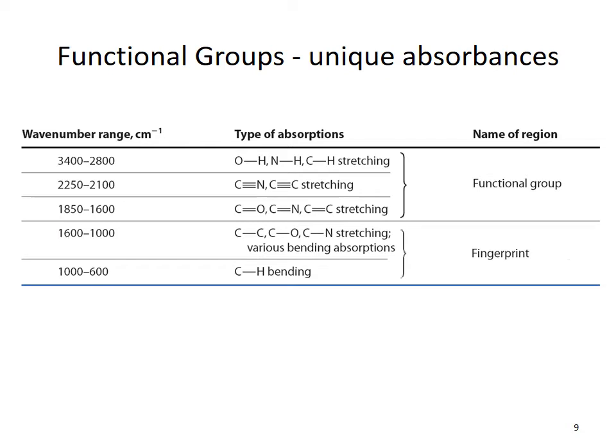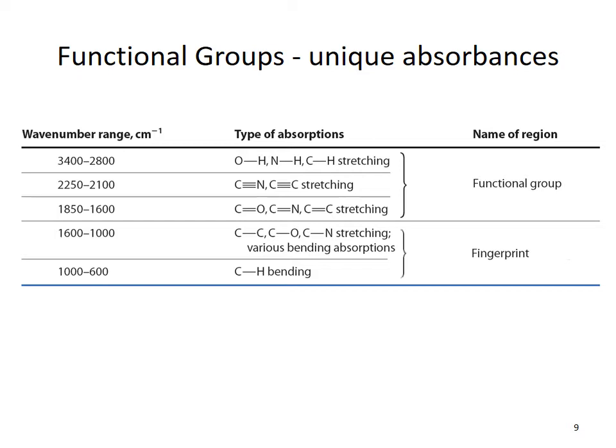When we're in the 3,400 to 2,800 range, that's where we're going to see atom to hydrogen bonds. So oxygen to hydrogen, nitrogen to hydrogen, and carbon to hydrogen. This number, 3,400, actually can go as high as 3,600. That's kind of low for what we would say is the true range here. So keep in mind that it can go above 3,400 really.